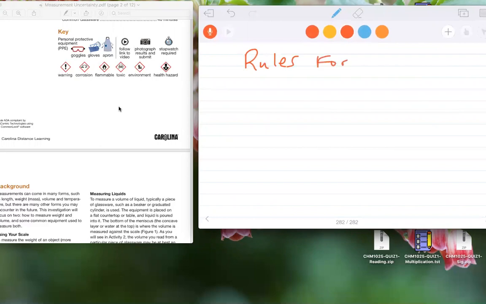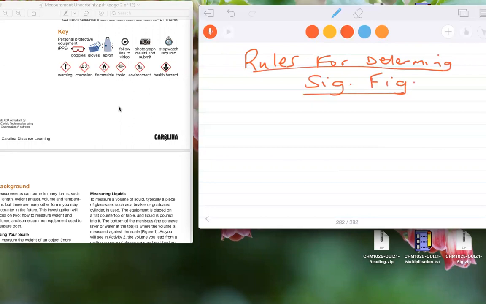Rule number one: all non-zero digits count as significant digits.